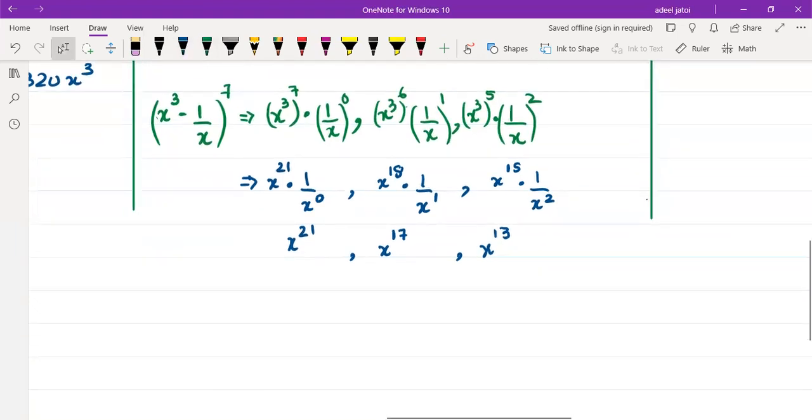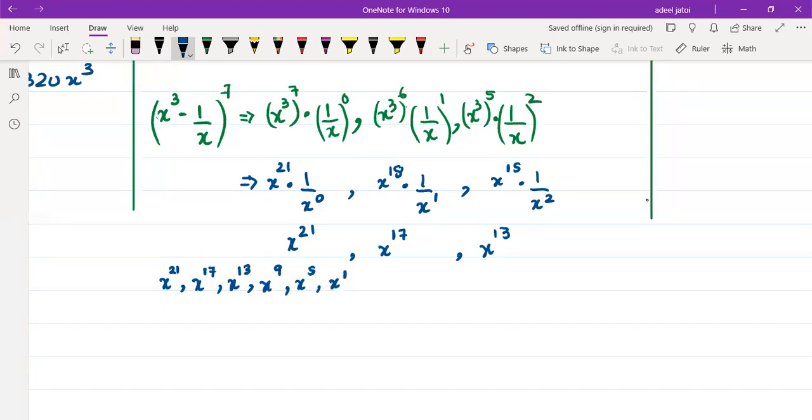4. So that means if the first term is x to the power 21, your second term is x to the power 17, your third term is x to the power 13, your next term should be x to the power 9, then your other term should be x to the power 5. Then your next term should be x to the power 1.